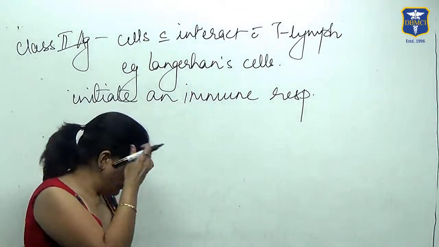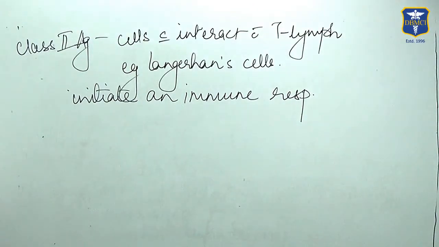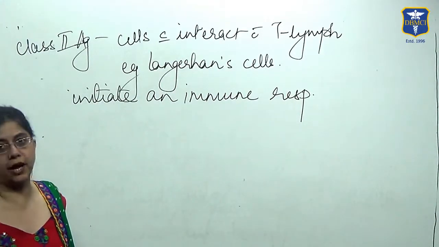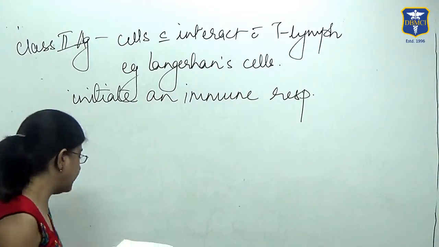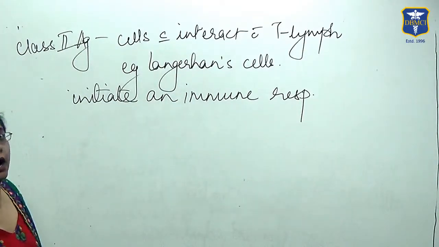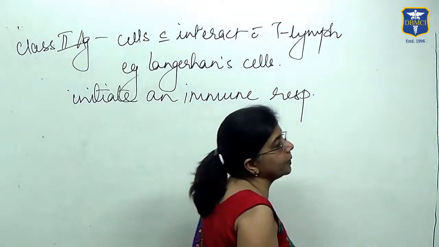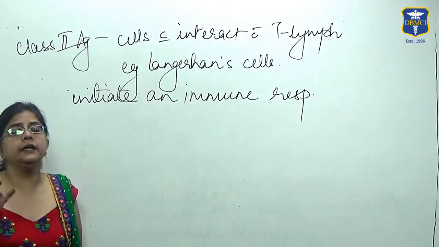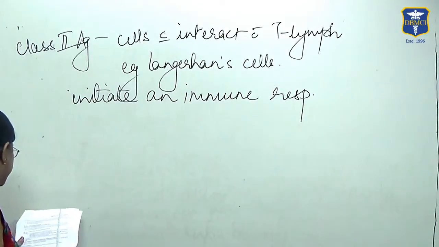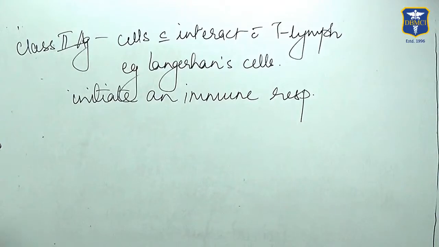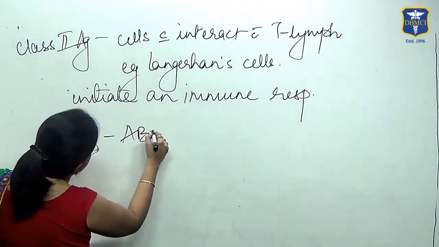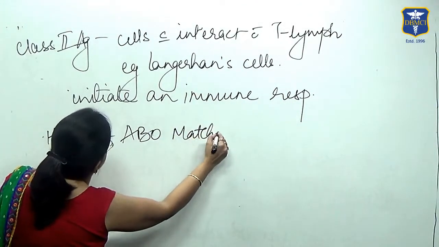Although graft rejection is reduced with HLA matching, this is not true for all the grafts, because in rare transplant tissues like heart, ABO matching is also required. Definitely HLA antigen matching helps in graft acceptance.